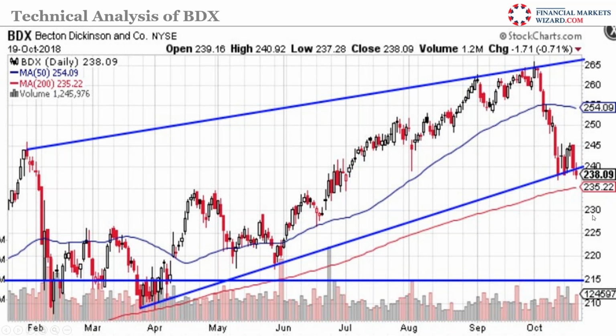So if it breaks 235, then even 220 or 229 is possible. That's 6 points here from 235, and 15 points here. There is a potential if it breaks down. So it's just on my radar.